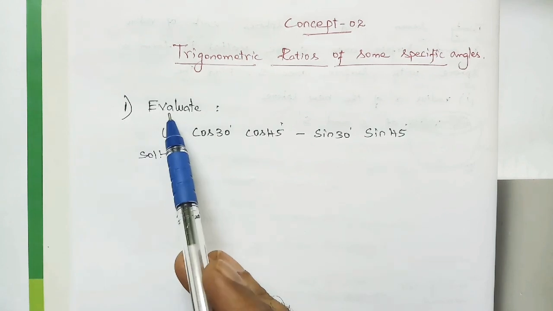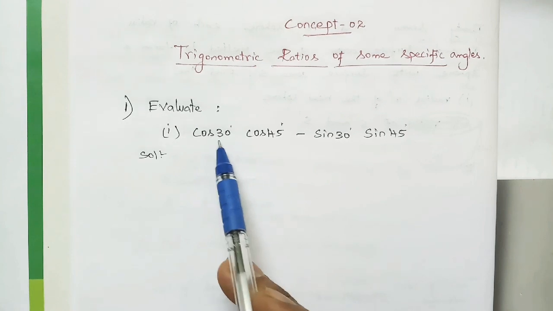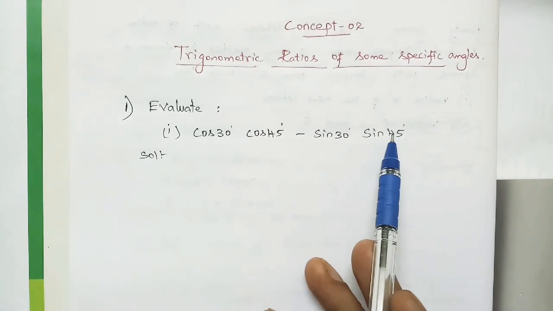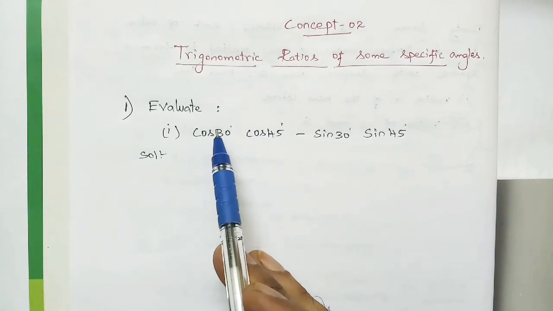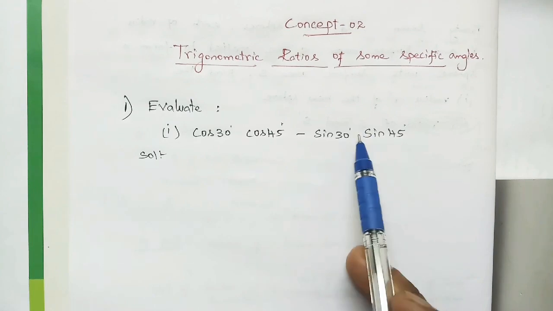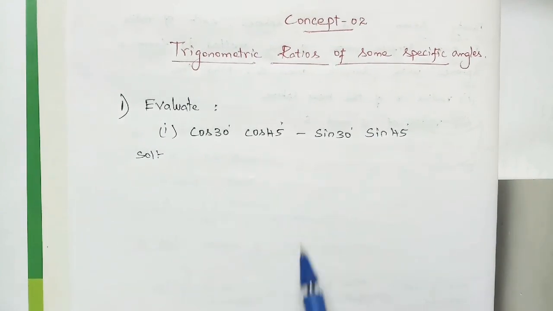So sum number 1, subdivision number 1: evaluate cos 30 degree cos 45 degree minus sin 30 degree sin 45 degree. If you know the values of cos 30 and cos 45, multiply, multiply sin 30 and sin 45, and just subtract; that is the final answer, right?